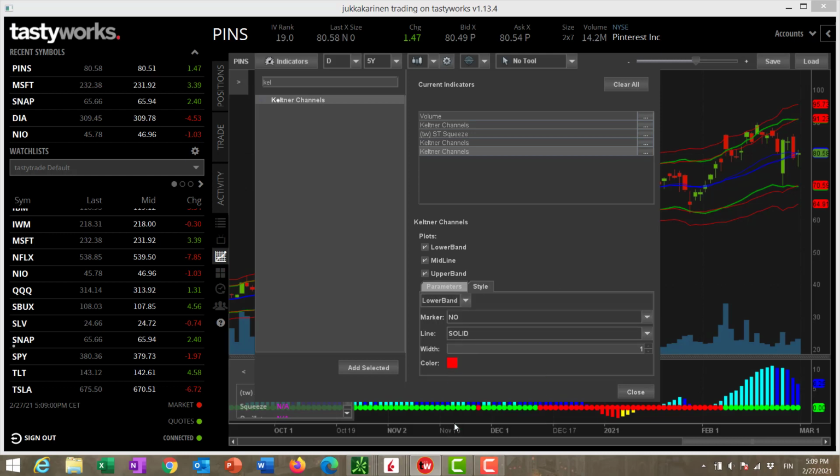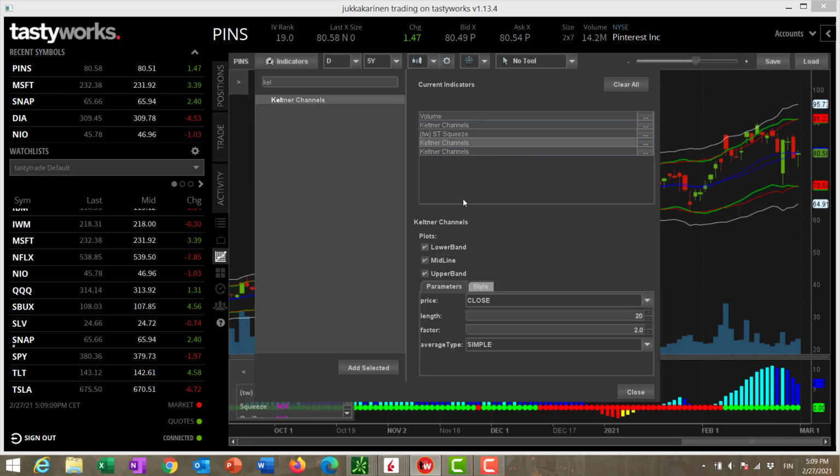That would be, let's say, white and upper band white, and the center line I don't need to see. This one I don't want to see the center line. Let's put that as the 1, and I wanted these to be exponential.